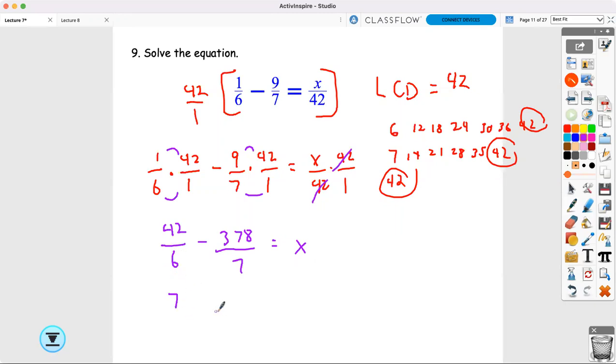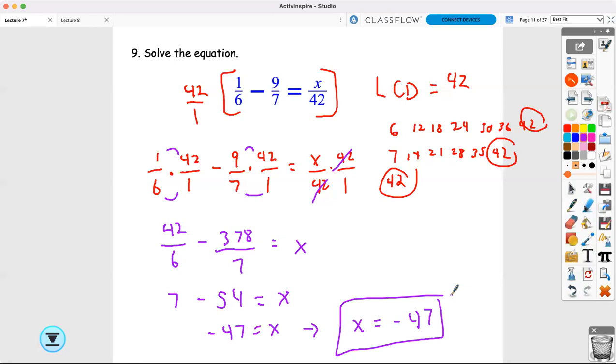And then we're going to do 378 divided by 7, and we get negative 54 equals x. Well, 7 minus 54, that's just a subtraction problem. So 7 take away 54 is negative 47 equals x, which is the same thing as x equals negative 47, and we are done.